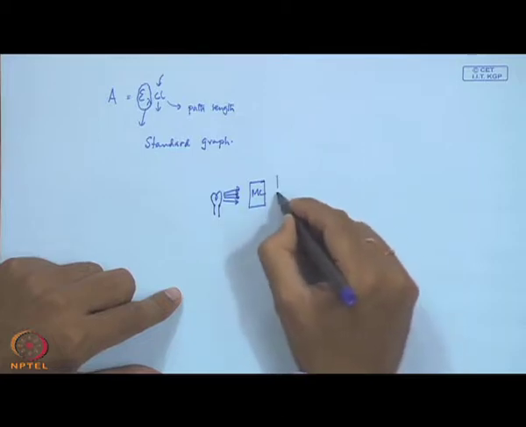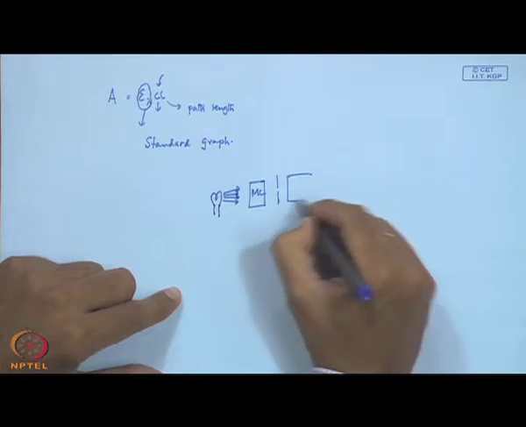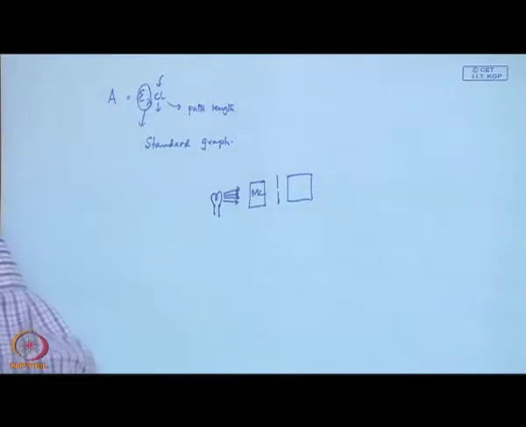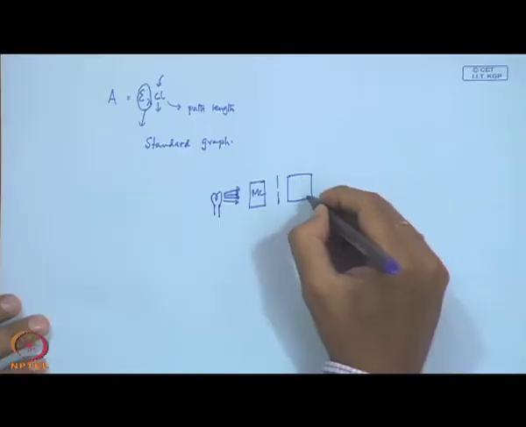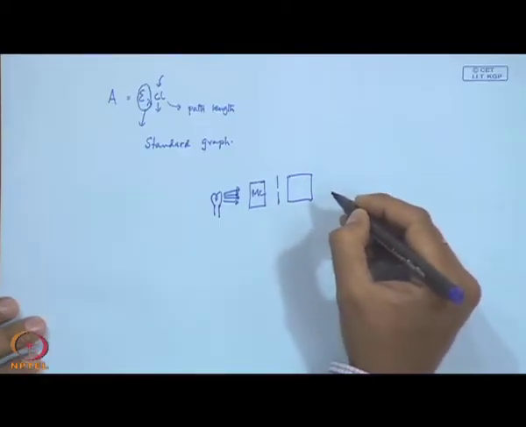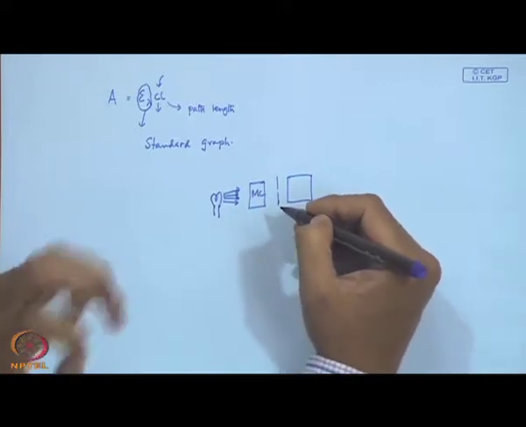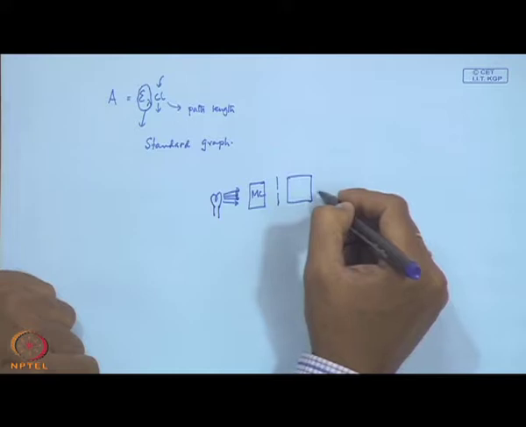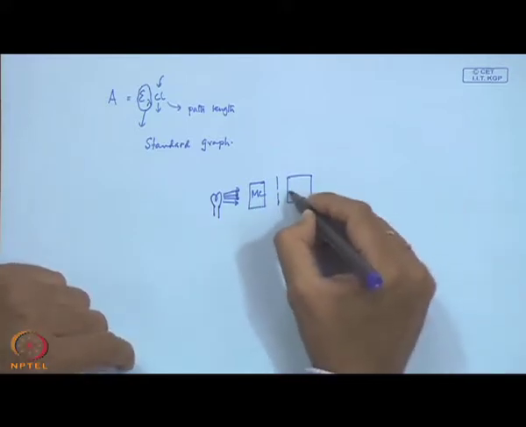Then you have a slit, and then you have the sample, although the monochromator is not shown here. A monochromator is used to select certain frequencies. If you do not have a monochromator, it means you allow all the frequencies to pass through the sample and the detector will manage. So, this is your sample.